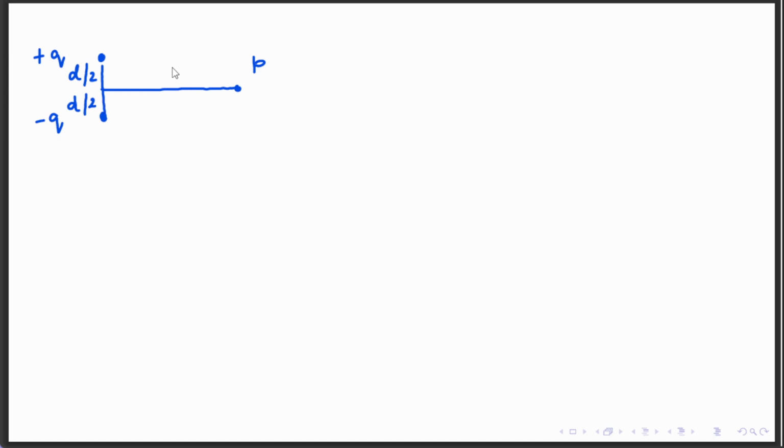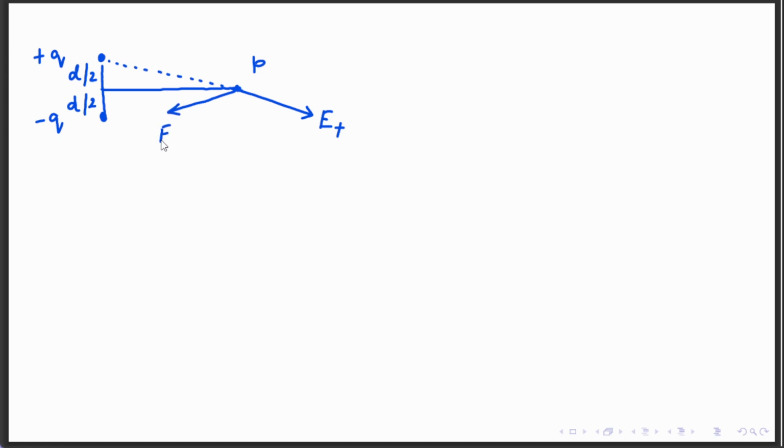So now let's see how the principle of superposition can be applied. If we complete this right angle triangle, you will notice that the electric field due to plus Q at P will be this particular arrow, and the electric field due to the minus Q charge will be in this direction.